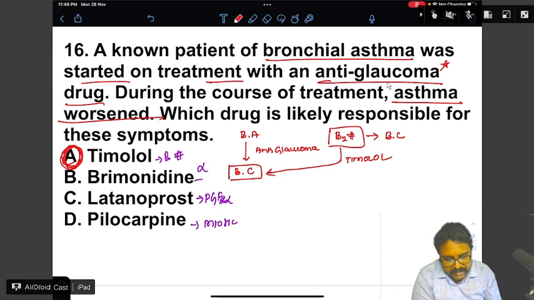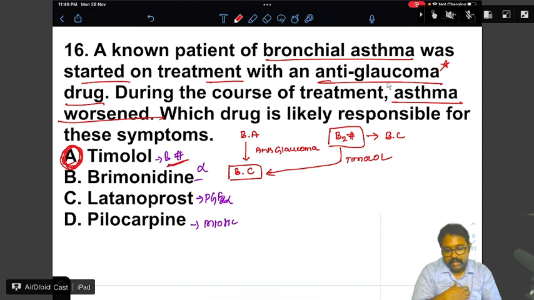So this is the right answer for this condition. So in bronchial asthma individuals who have glaucoma, if you put them on anti-glaucoma drugs, make sure you do not give beta blockers. If you give a beta blocker, it will cause bronchoconstriction.